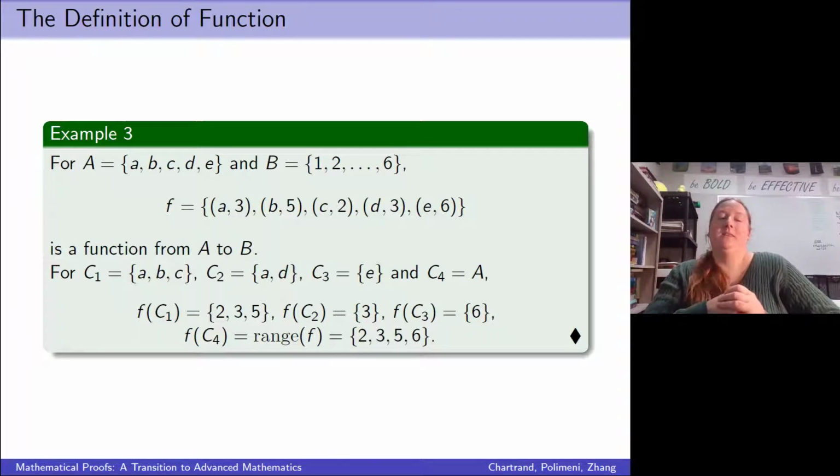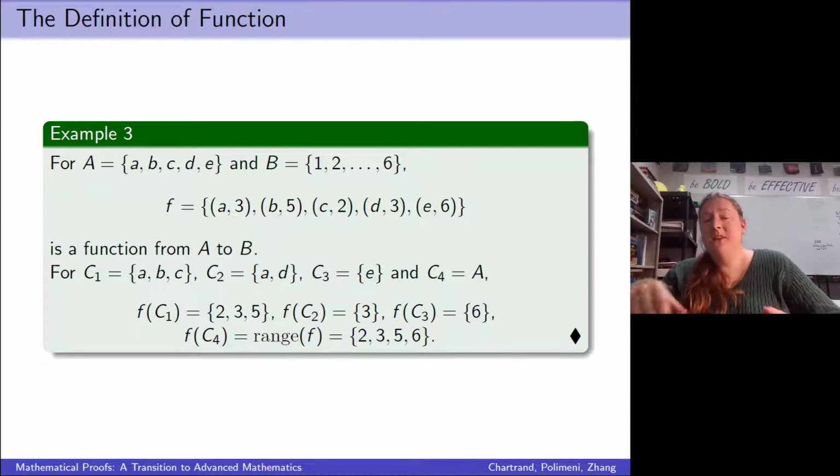So let's take a look at an example. So we have the set A that has the elements a, b, c, d, e, and the set B that has the elements 1, 2, 3, 4, 5, 6. Now, the function f here with the ordered pairs (a, 3), (b, 5), (c, 2), (d, 3), and (e, 6) is a function from A to B because all of the elements of A are represented exactly once as a first coordinate in those ordered pairs.